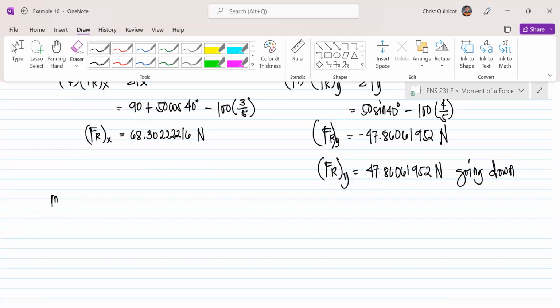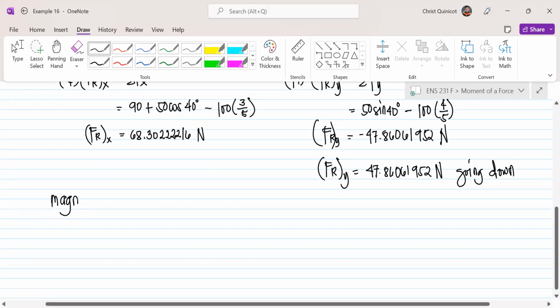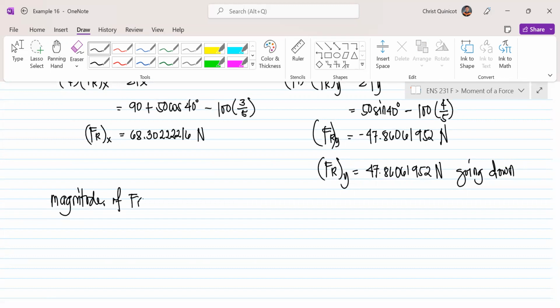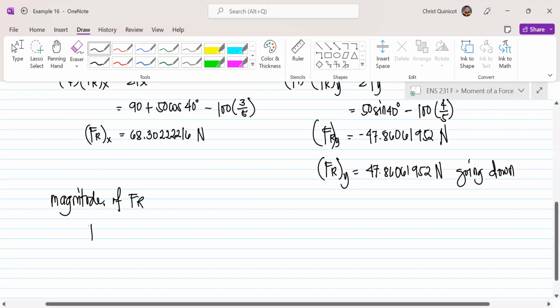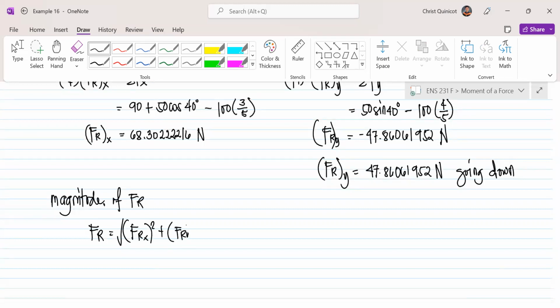the magnitude of F sub R is equal to the square root of F sub Rx squared plus F sub Ry squared.